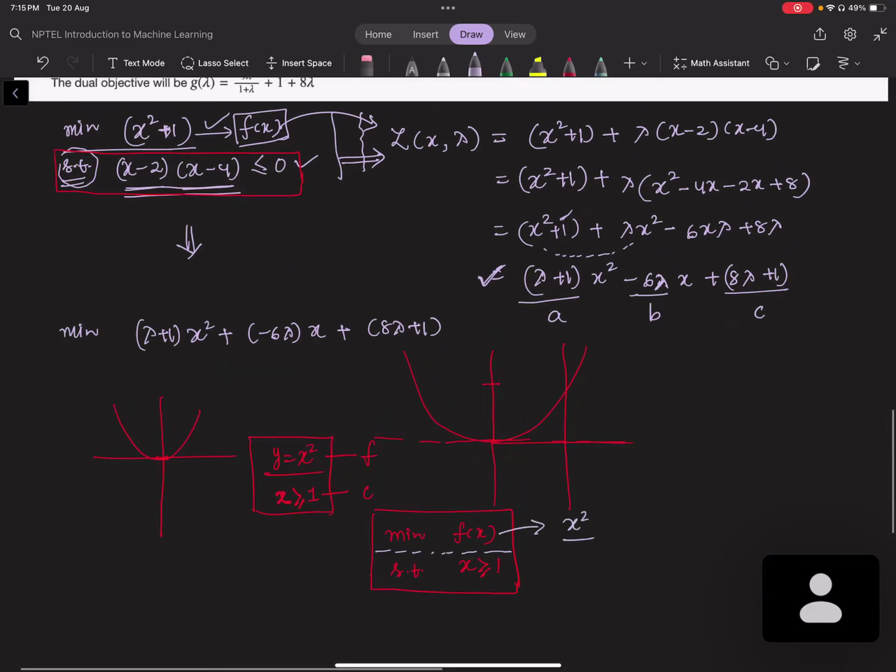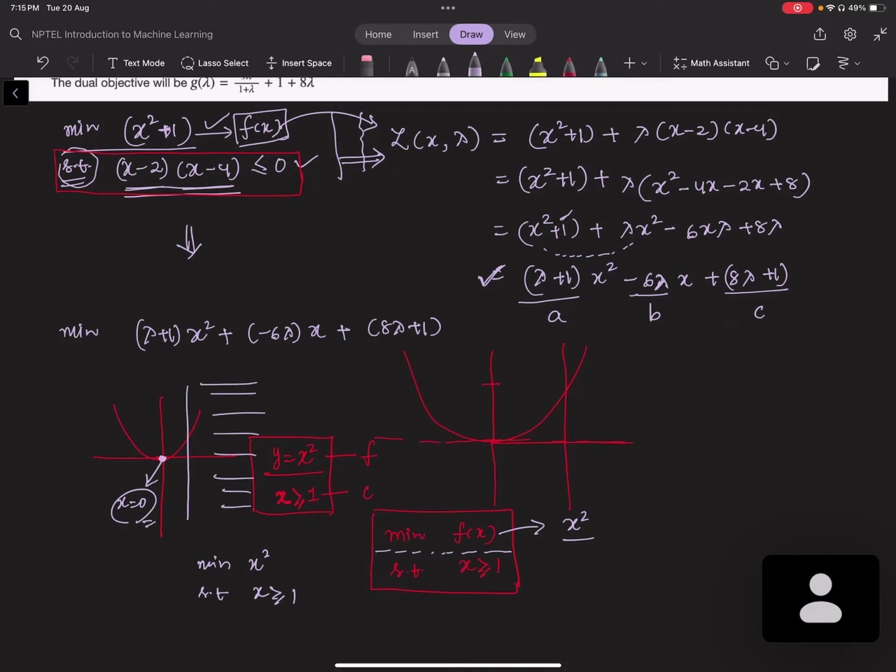Okay. So minimizing x square such that x is greater than or equal to 1. If you look at minimizing x square, this is the minimum point, right? So x equals 0 is the minimum point. But when you put this constraint, x should be greater than or equal to 1, so the valid set lies on this side, and all these other points are not valid for this constraint.